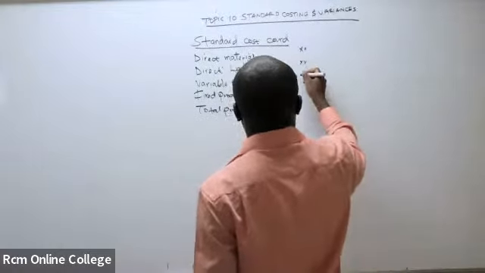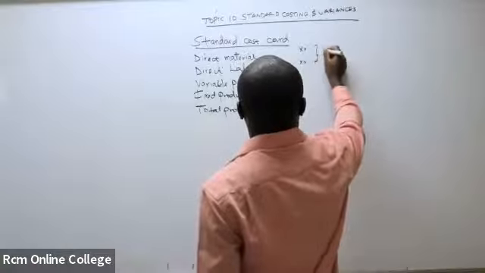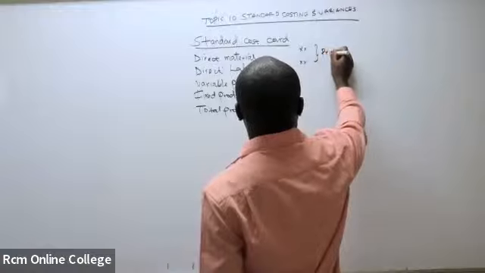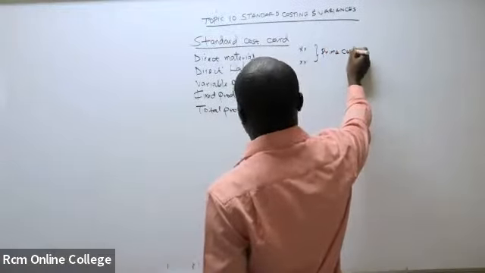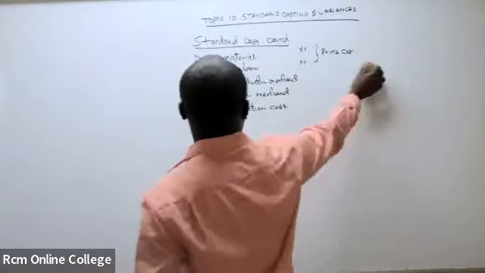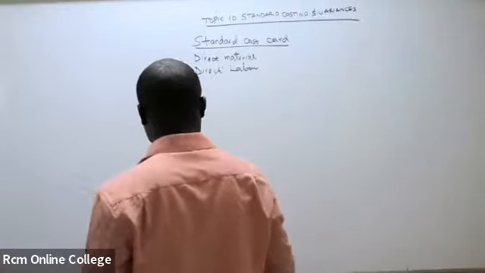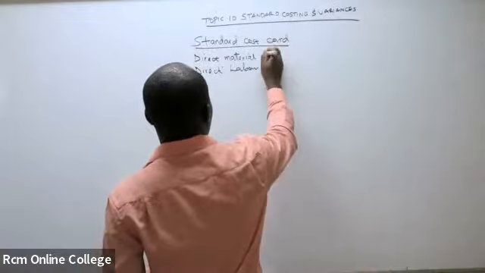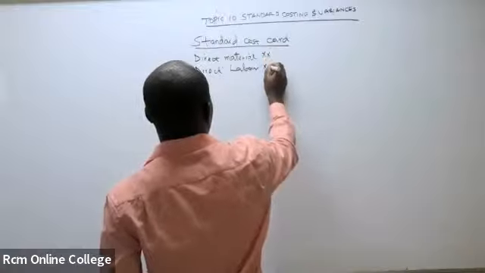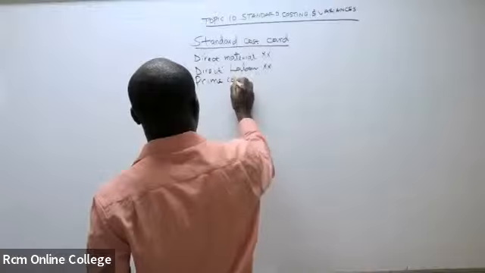Then to the prime cost, we add variable production overhead, right? Alternatively, we can decide to do it this way. So direct material plus direct labor will give us prime cost.